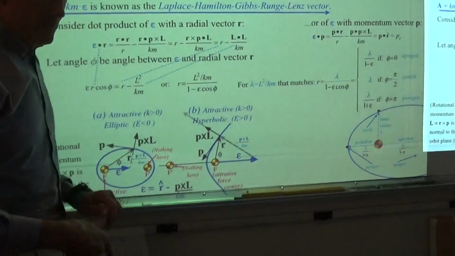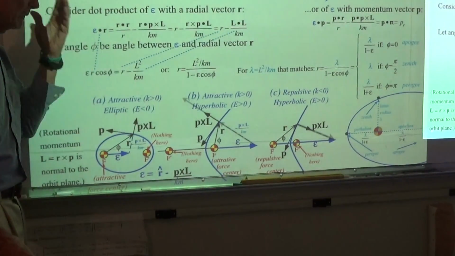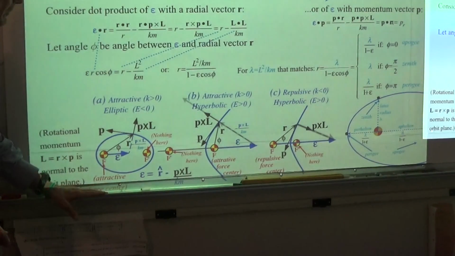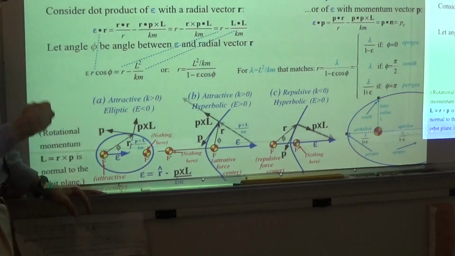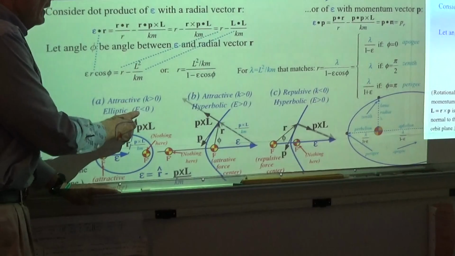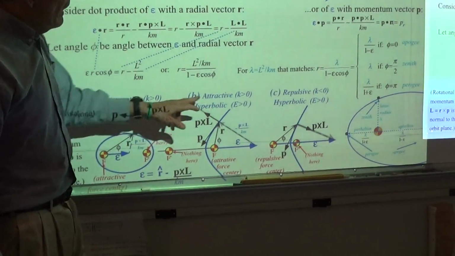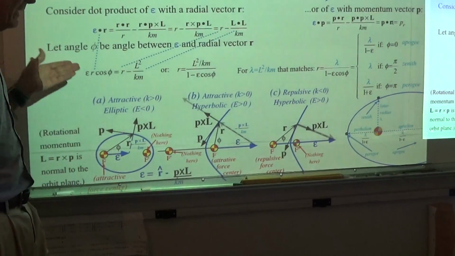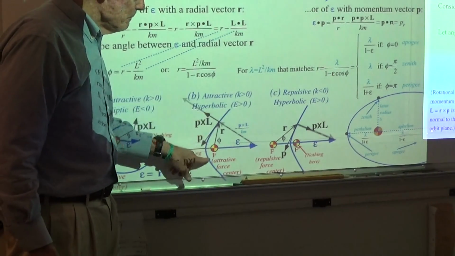Only one of them is elliptic, but it's a pretty large case, and we're living on an elliptic orbit of the Earth around the Sun, and then the Sun and Earth around the galaxy, and so forth. The energy here is less than 0. And then the other attractive orbit is when you crank that energy above 0, you get a hyperbolic orbit.